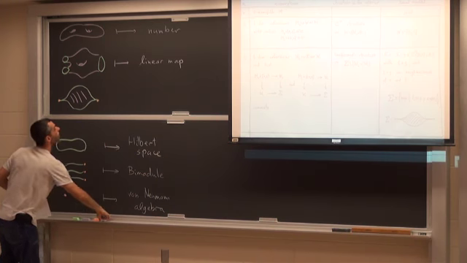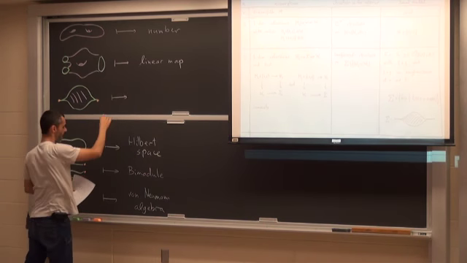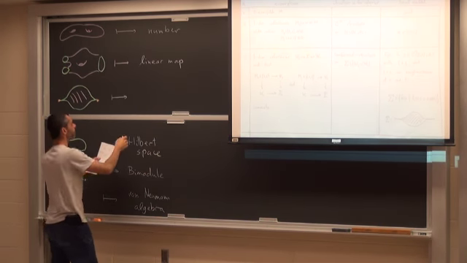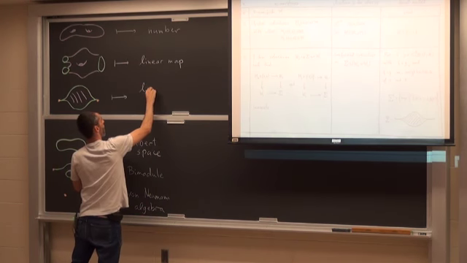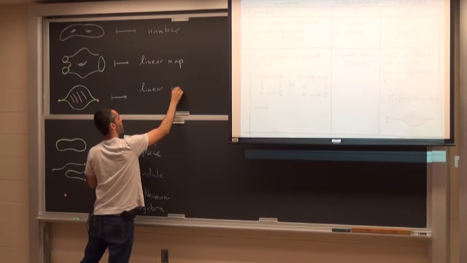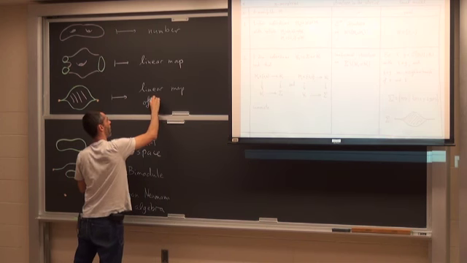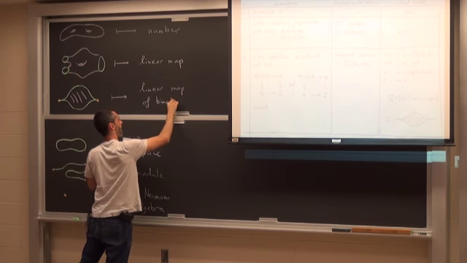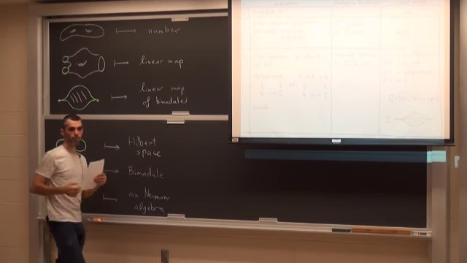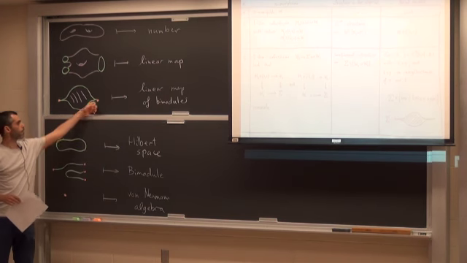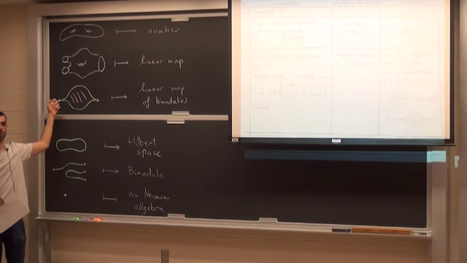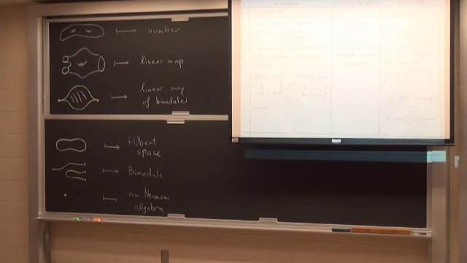And well, associated to that, we have a linear map of bimodules, meaning a map that's compatible with the actions, that commutes with the two algebra actions. So this is the rough picture to have in mind.